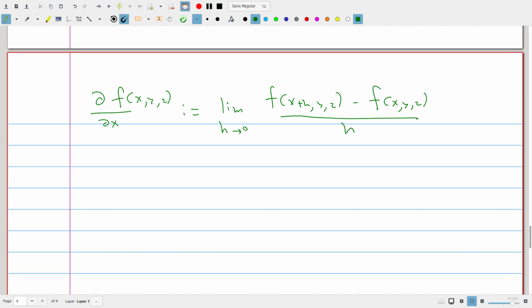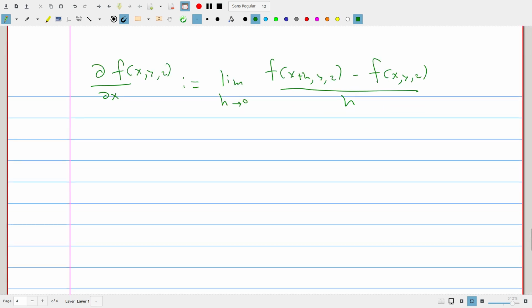Or if you have a function that has more than 3 variables, let's say it has n variables, and you want to find the derivative with respect to xi.